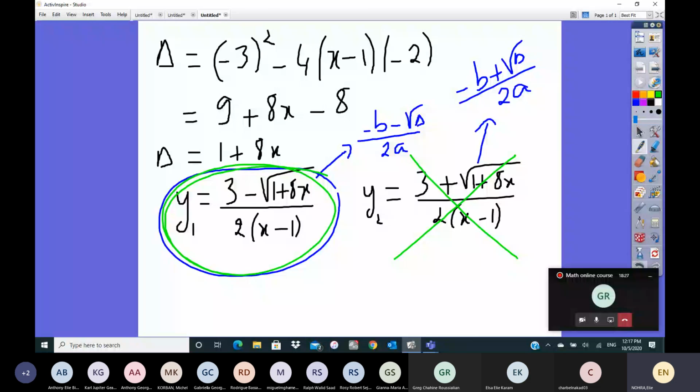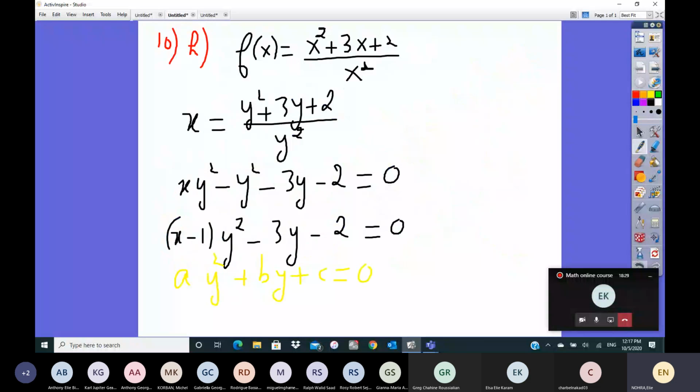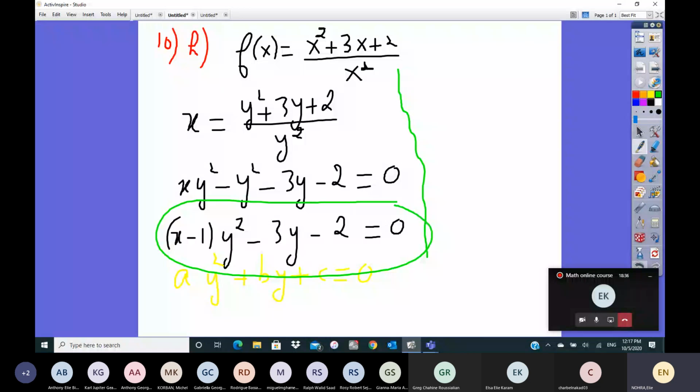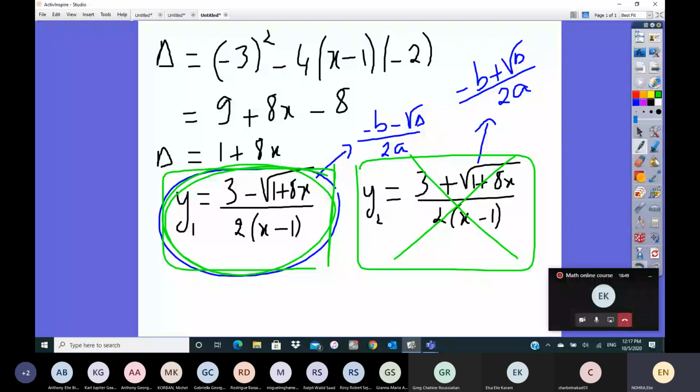When we started with this inverse function, we got this expression, a second degree equation in y, which has obviously two roots. After finding delta, we get this root or this one. However, one of them should be chosen, not both. To decide which to take, I'm going to repeat what Greg said, which is very correct.